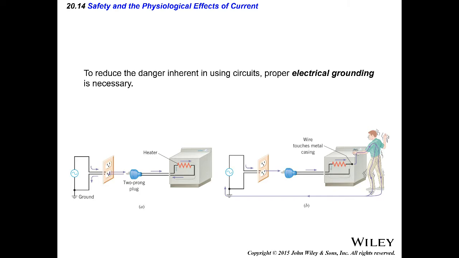If there is a short, S-H-O-R-T, in your circuit, this wire is not supposed to touch the other wire, but because of maintenance issues or something, it gets too close, and then there is a short, meaning that the current that flows through is now 100 times bigger.